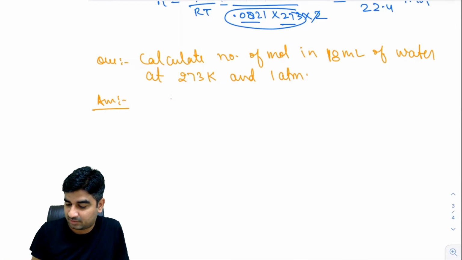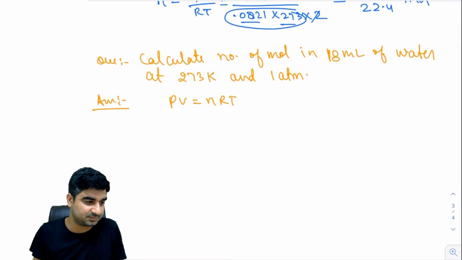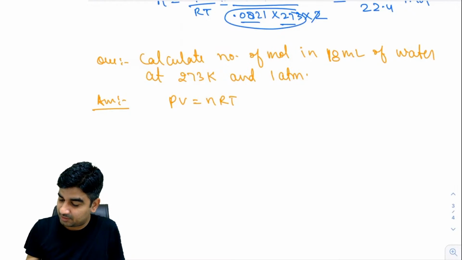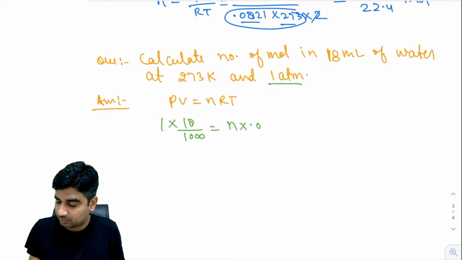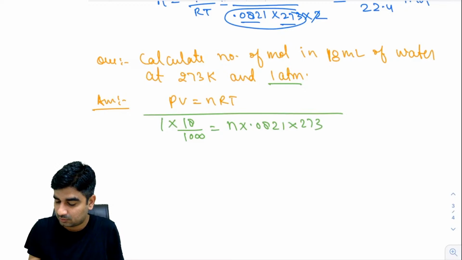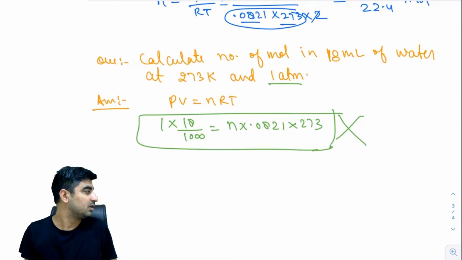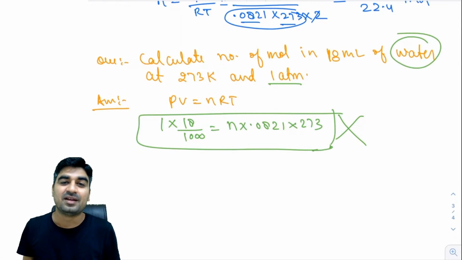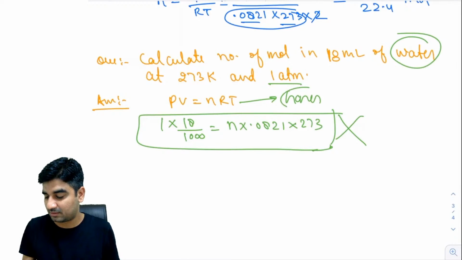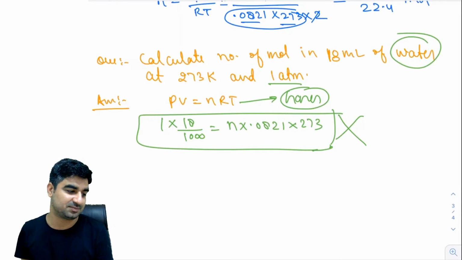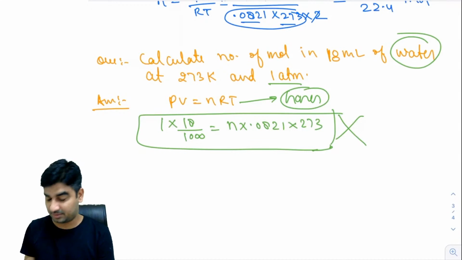So what you are going to do is PV is equal to nRT. So this pressure is 1, volume is 18 ml, you will convert it, then mole. But this is wrong. Why? It is water, and this formula is applicable only for gases, so it cannot be applied for liquids and solids.